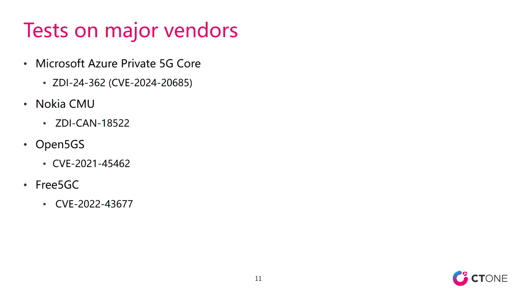Because there are many commercial products based on open source. And besides, we don't file all the vulnerabilities we find on open source as a CVE. We only file attack vectors, not attacks. For commercial products, we file for both attacks and attack vectors, but for open source, we just focus on attack vectors.